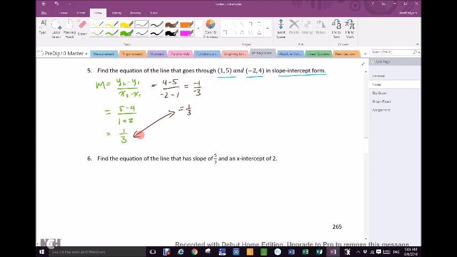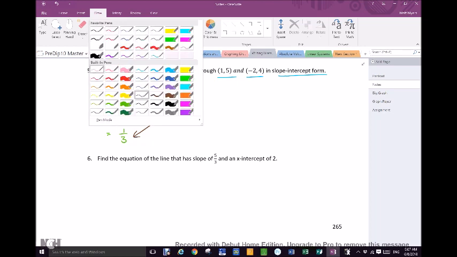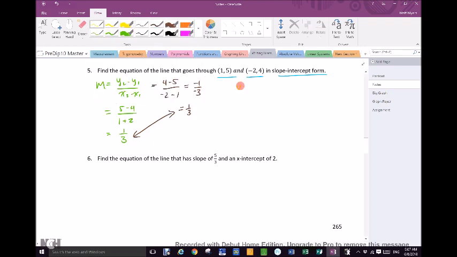Now that you have a slope, how will you put it into slope-intercept form? You have 1, 2, 3 options. You don't have the y-intercept, but you have this. y equals mx plus b, correct? Do you have an m? Do you have an x?